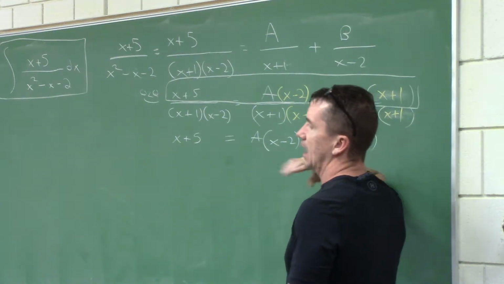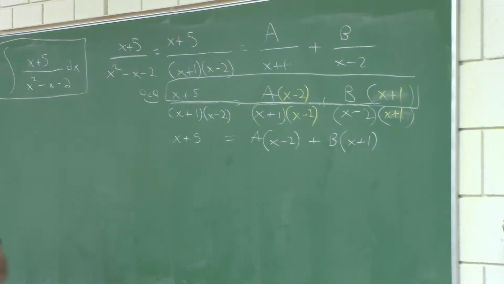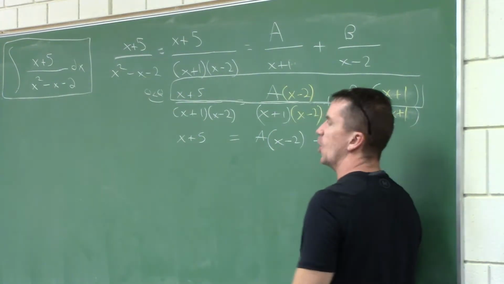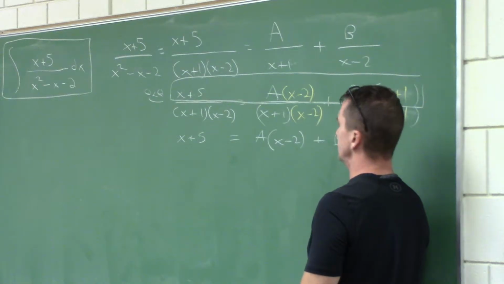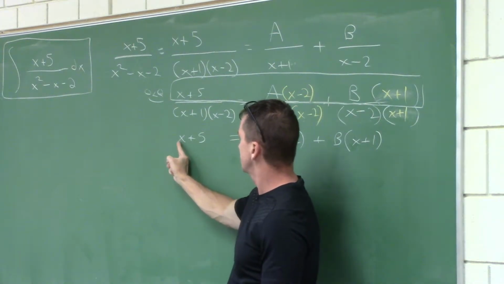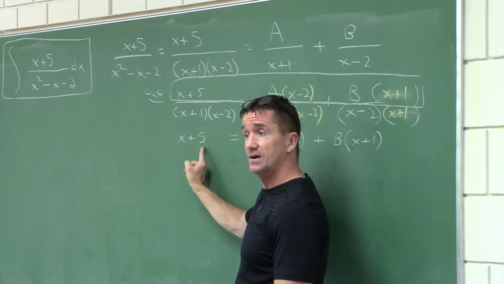Now, the one method that works every time is the method of solving the equation by equated coefficients. The method of equated coefficients. And you go, what's that? What's in front of that x? 1. It's an invisible 1. And that's a constant 5, right?